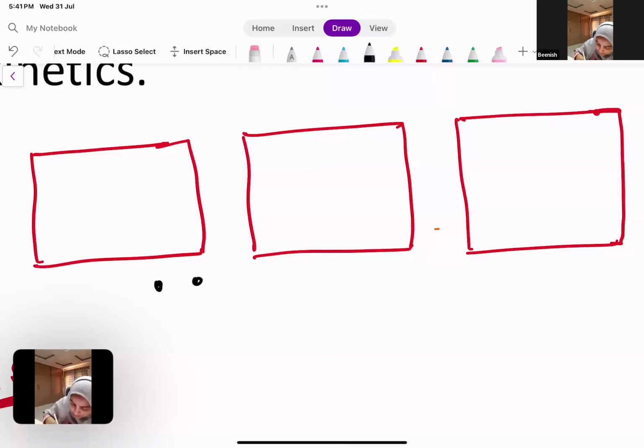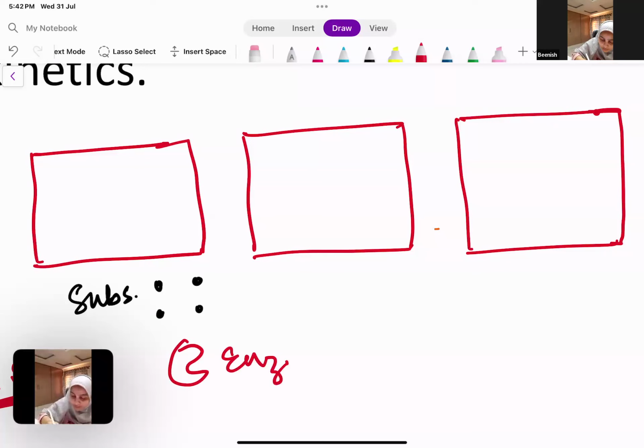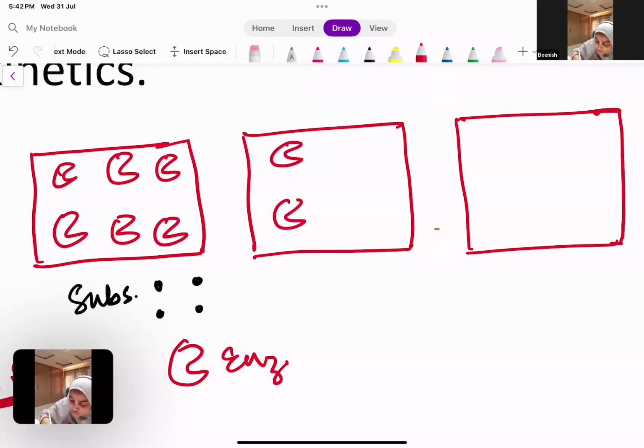So these black dots are representing your substrate. An enzyme I'm showing in red like this. This is enzyme. So the enzyme concentration is kept constant. Let's suppose you have 6 enzymes.